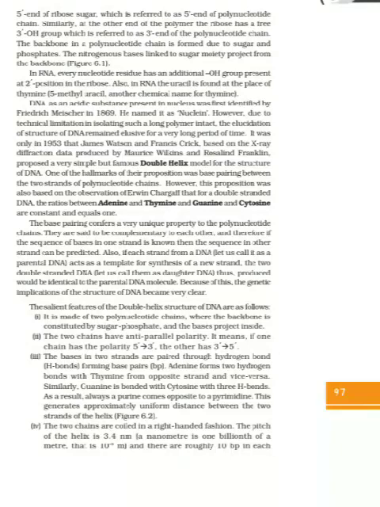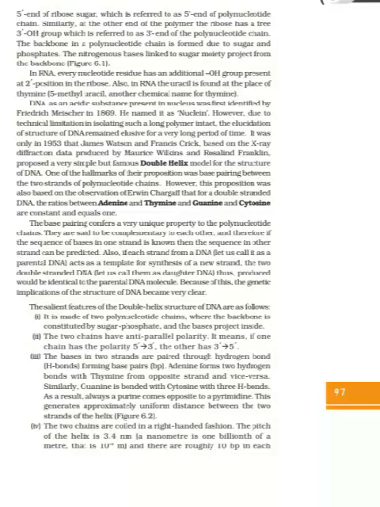It was only in 1953 that James Watson and Francis Crick, based on X-ray diffraction data produced by Maurice Wilkins and Rosalind Franklin, proposed a very simple but famous double helix model for the structure of DNA.